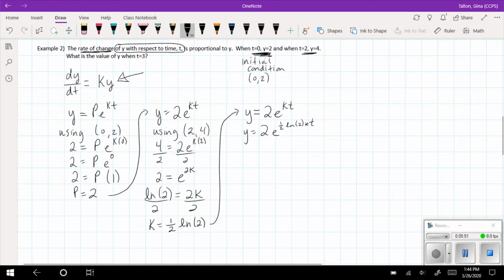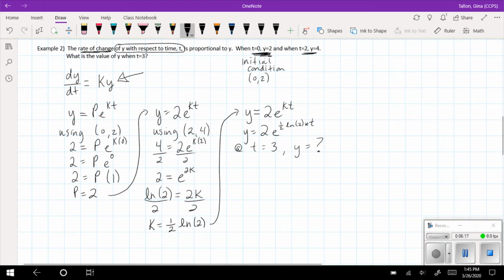Okay, let's clean this up a little bit. I know that a lot of you are thinking that 1/2 can go in and become a square root of 2, which is absolutely true. It could. The t can come out front. That's absolutely true as well. But I think I'm just going to leave that the way it is, and I'm going to use that t equals 3 part here. So now, at t equals 3, what is the y value?